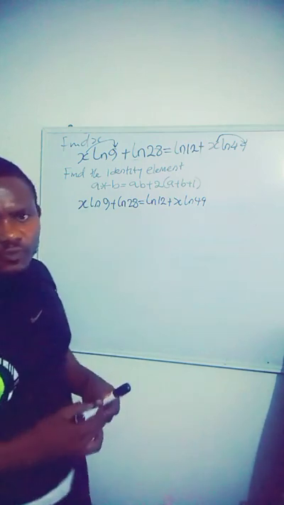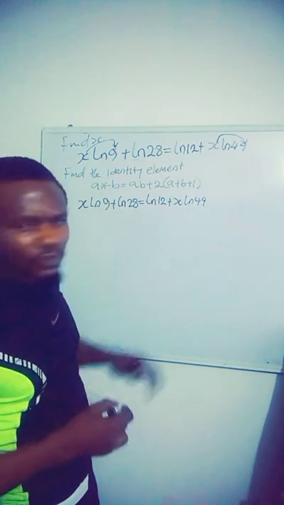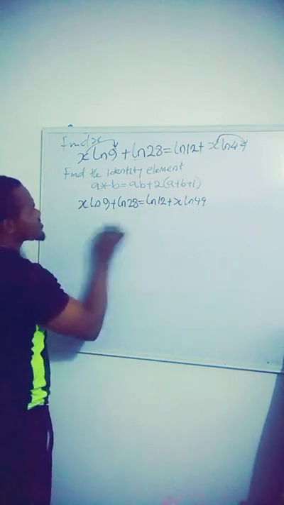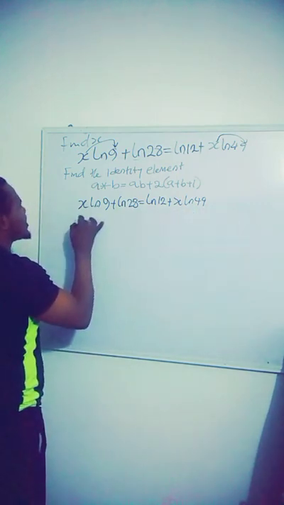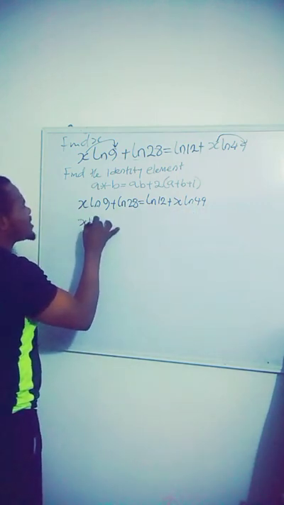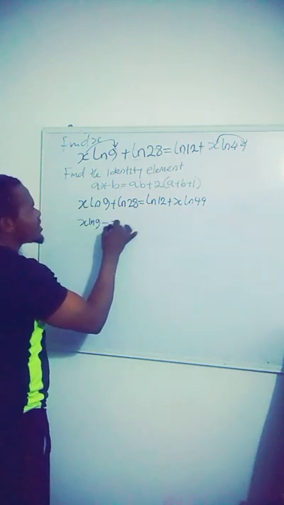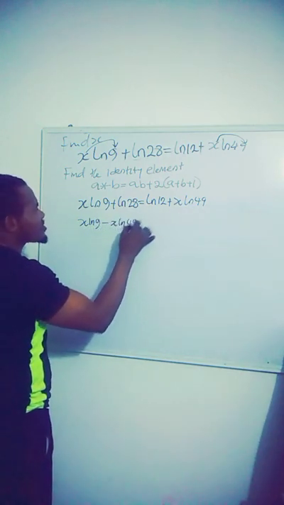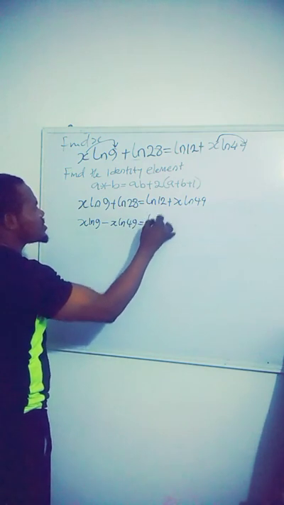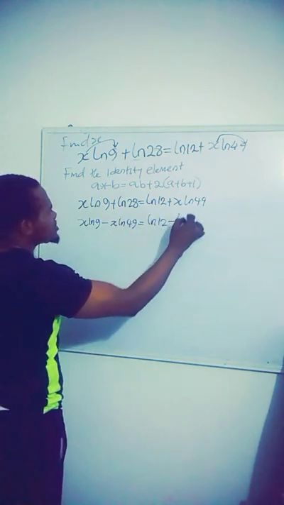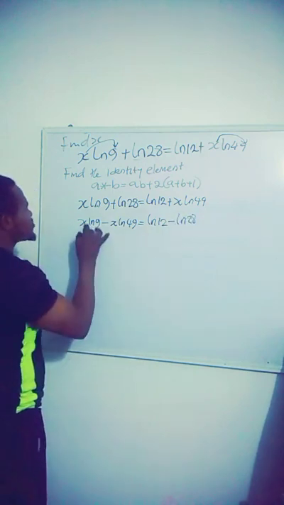All you need to do first is to collect terms, the ones that have x. We have x ln 9, and when x ln 49 comes to this side, it becomes minus x ln 49 equals ln 12. When ln 28 comes to the other side, it becomes minus ln 28.